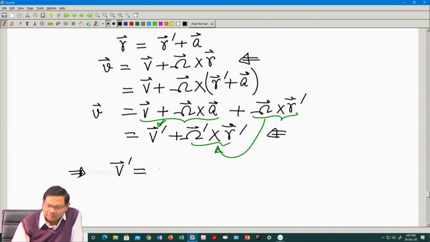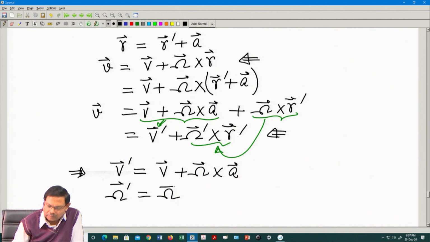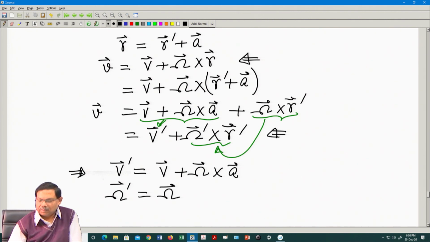V prime is V plus omega cross A, and omega prime is omega. Because this was omega cross r prime, this is also some omega prime cross r prime.